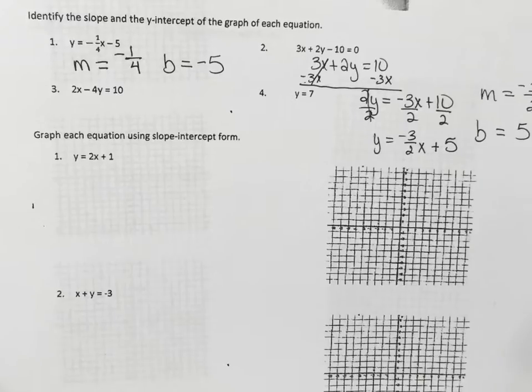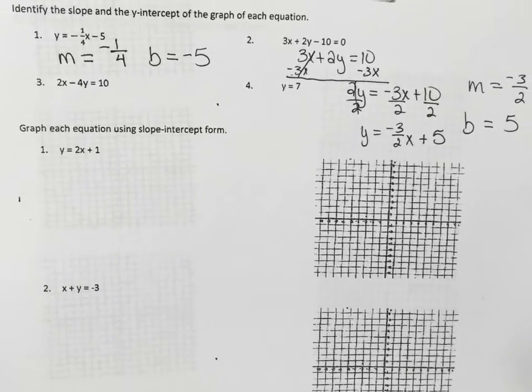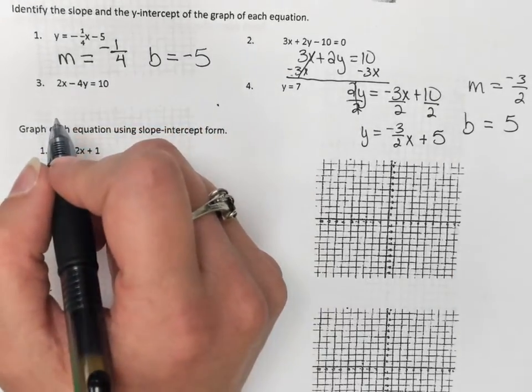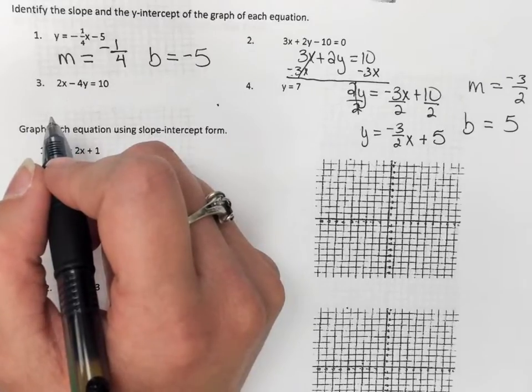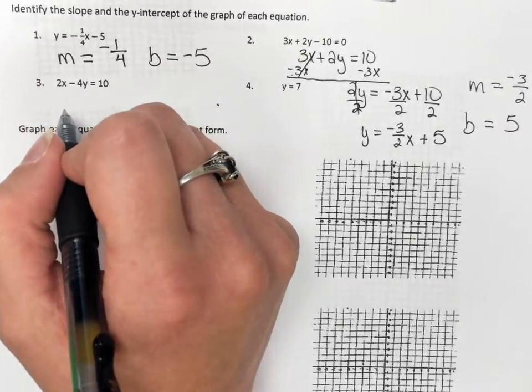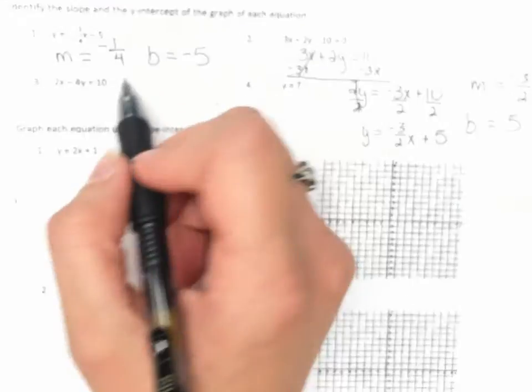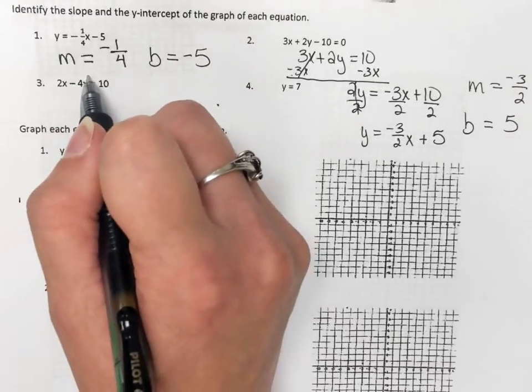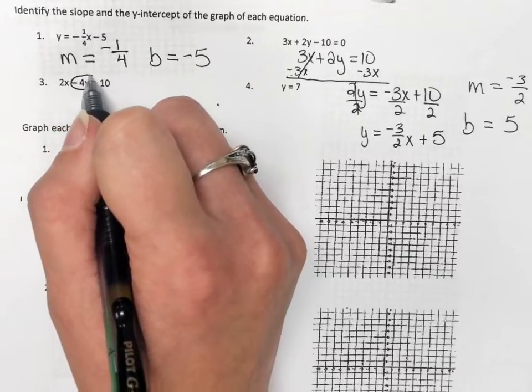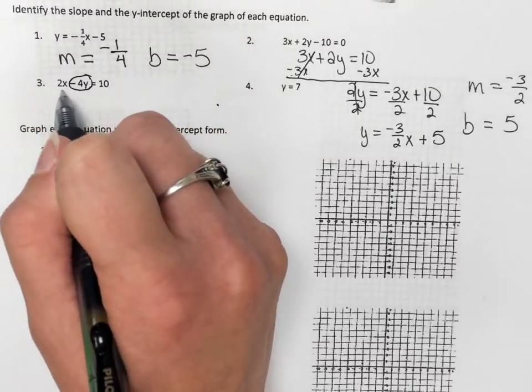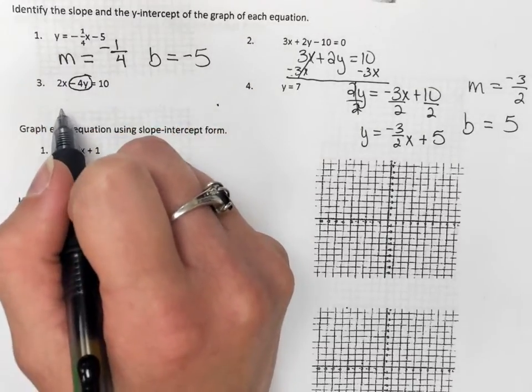Alright, Diego, what do I do first on number 3 to solve for y? Okay, so I need to get y by itself, right? So I need to get rid of 2x. How do I move the 2x?